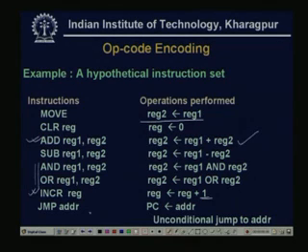Now, jump address. PC means the program counter. This is the program counter. That means it always contains the current address. So, the address goes to the program counter. That means this is an unconditional jump to address.